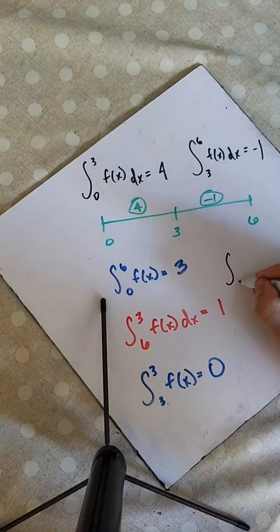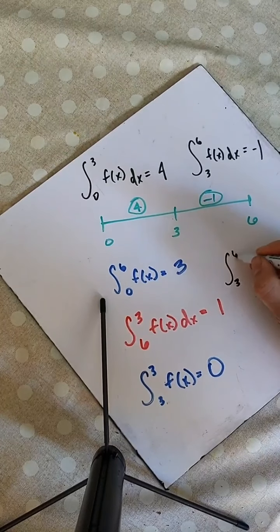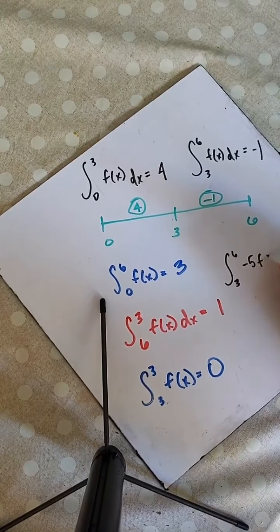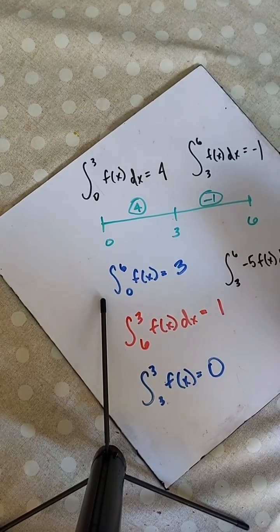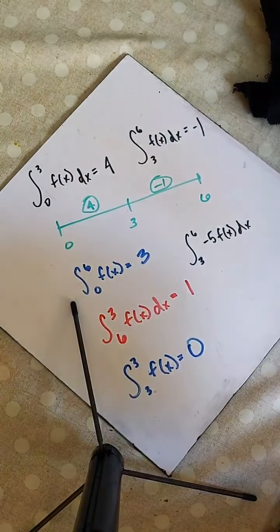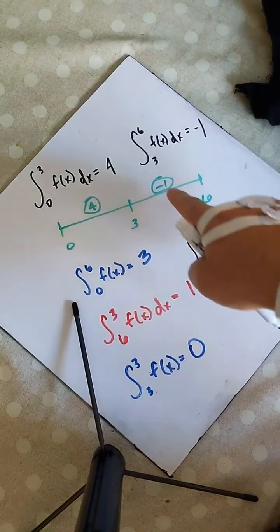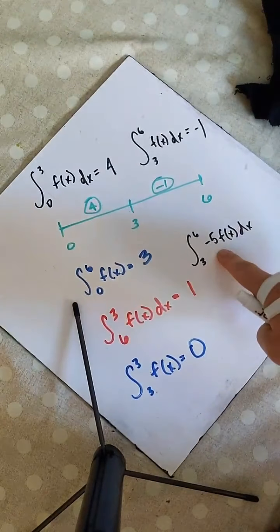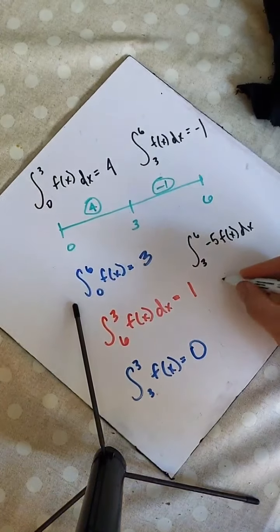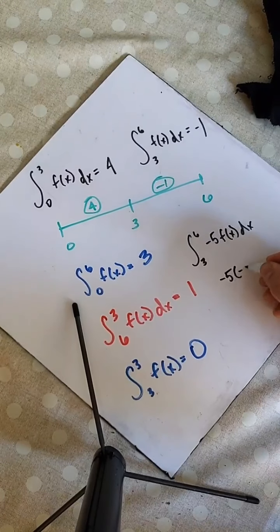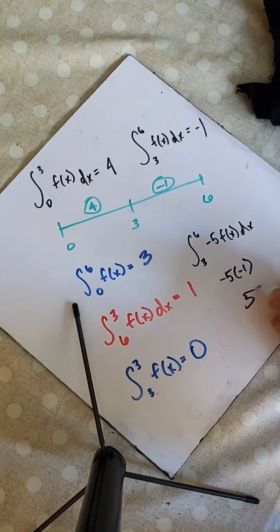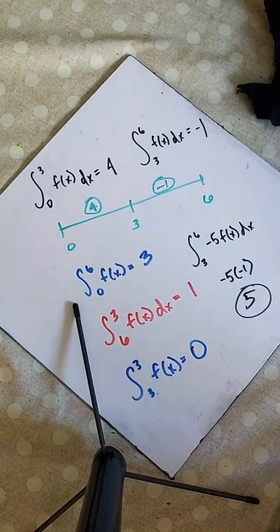The integral from 3 to 6 of -5 f of x dx. Well, we know from 3 to 6 it's -1, but we're going to do -5 times that. So it's -5 times -1, which would be a +5 answer for that one.